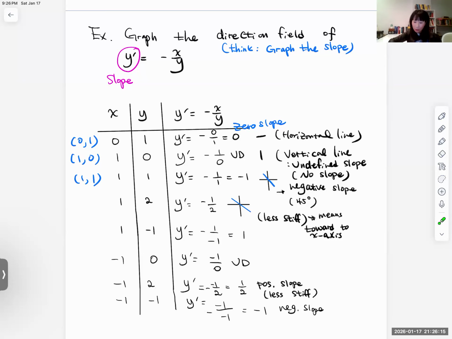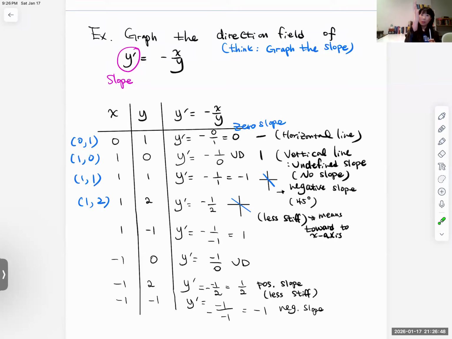Okay. Now, if we have x equal to 1 and y equal to 2, then we have negative 1/2 for slope, right? So it's a negative slope. 1/2 means less steep. If we have a bigger number, like 3, 4, that's more steep, more steep.